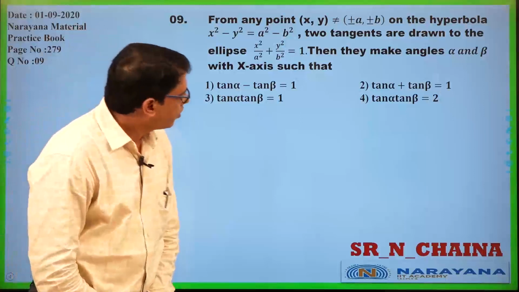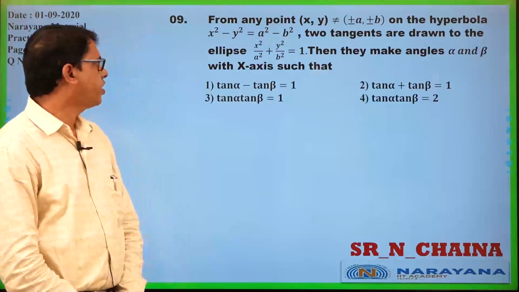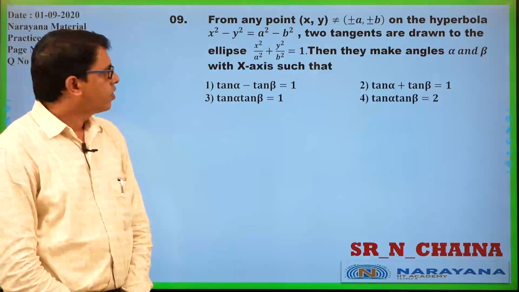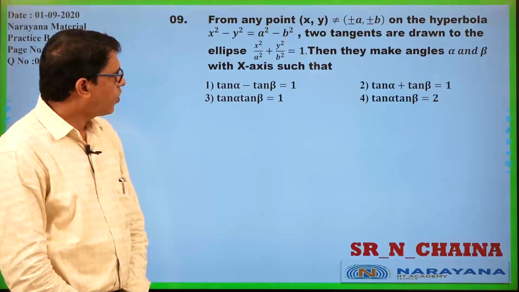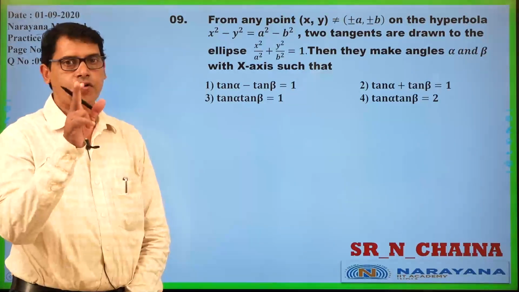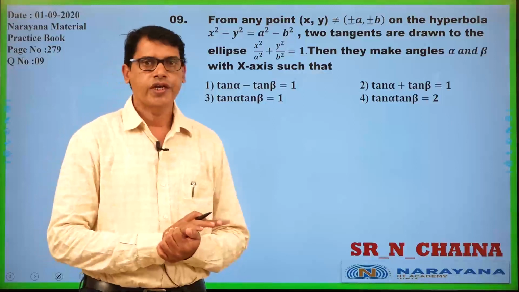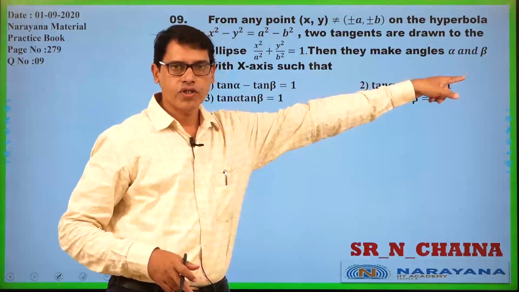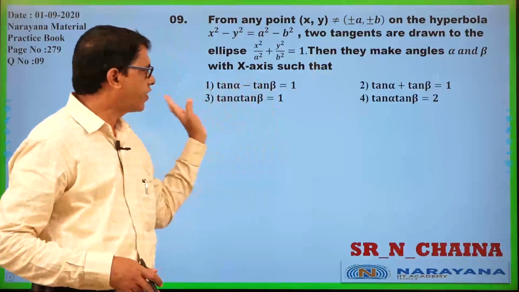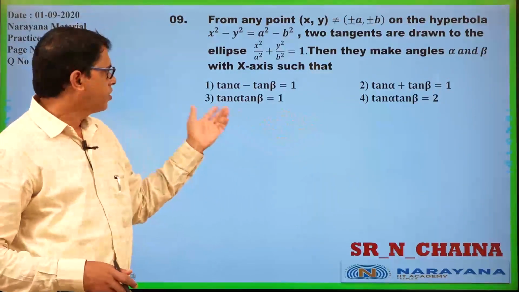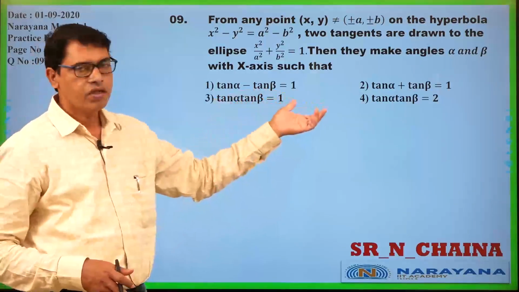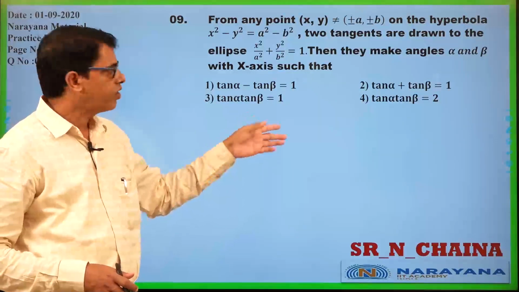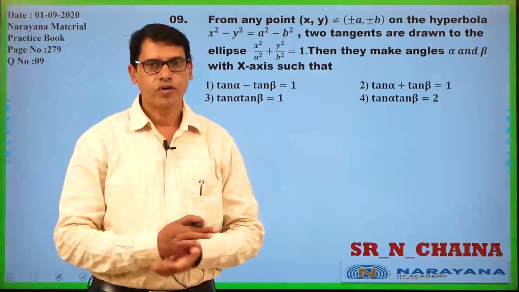Then they make angles alpha and beta with the x axis, which means the inclinations of the tangents are given. The inclination of one tangent is alpha, and of the other is beta. Let us verify the options: tan alpha minus tan beta equal to 1, tan alpha plus tan beta equal to 1, tan alpha into tan beta equal to 1, tan alpha into tan beta equals to 2.